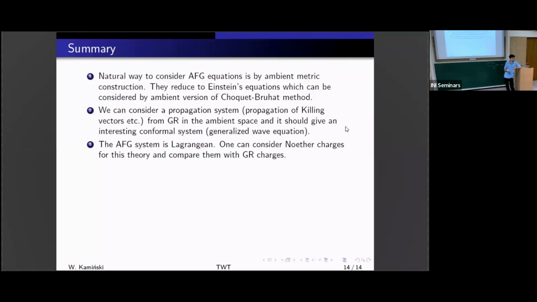If someone knows the Choquet-Bruhat method, one just looks at the ambient space. One needs to make a few tries, but if one does it properly, one gets the well-posedness for the Fefferman-Graham tensor. For the Bach tensor, one can guess it, but for higher order tensors in higher dimensions, probably not tractable by the direct method, yes?